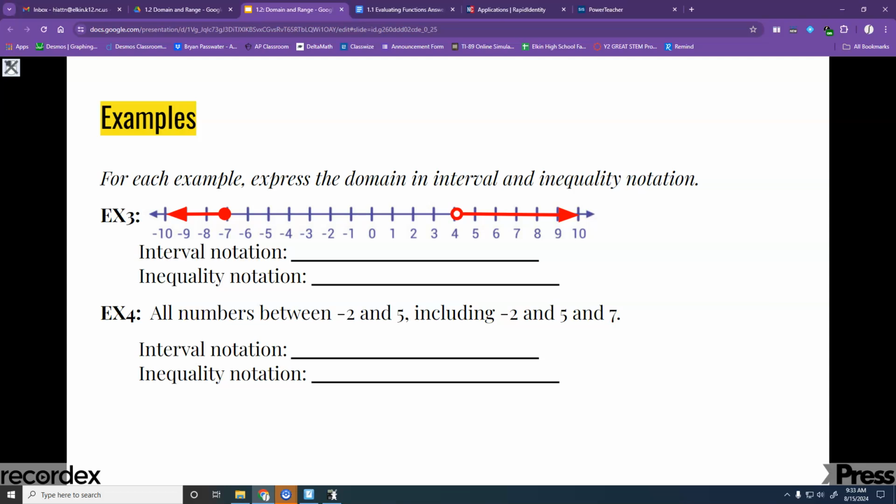Give me like a second. So I'm gonna put X like this, and then less than negative 7. And I'm gonna do X to the X. I got one feet wrong.